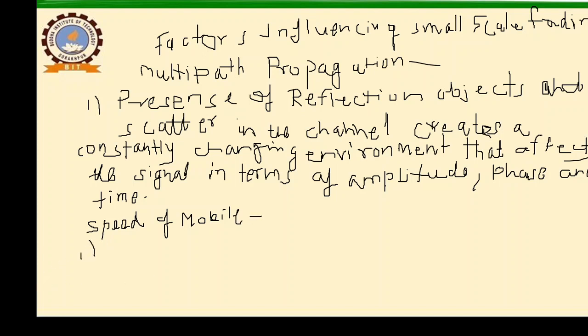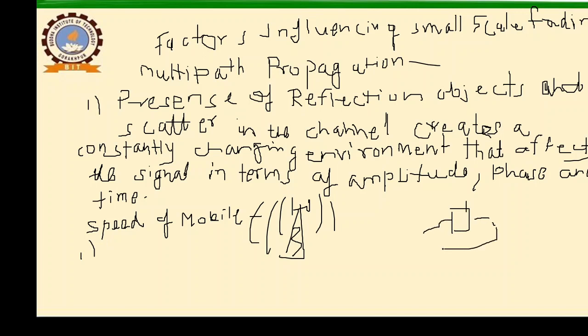First is the relative motion between your base station and the mobile station, which is actually in a car, so that it is moving either in this direction or in this direction. So what is the effect of this?